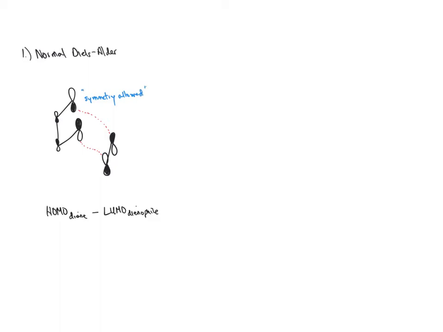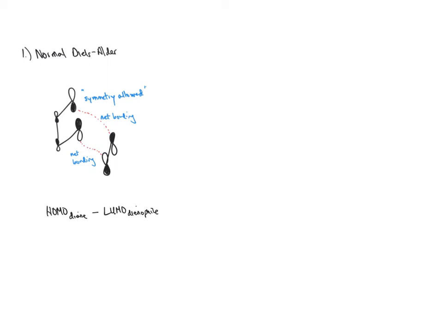And so there's net bonding here. Right? The orbitals are interacting in phase, and when you have orbitals interacting in phase, they're going to form a bond to one another. Okay, so this is how the transition state is set up and how you generate the cyclohexene product.